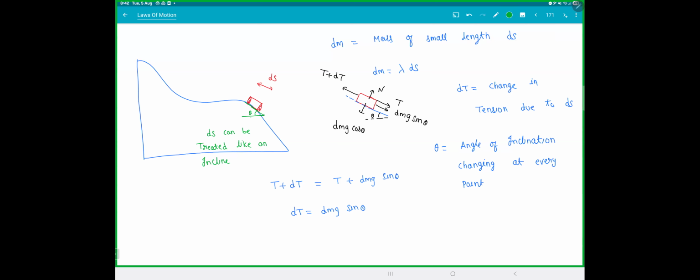This idea is very important because tomorrow, whenever you see something is variable, there is a rope rotating, rope has friction, this is how you always draw an FBD for a small piece. So you have drawn an FBD for a small piece of the string. Let the length of the small piece be ds. How many forces are acting? Tension on the top, tension at the bottom, your gravity, and normal reaction. There are 4 forces. Any doubts on this picture?